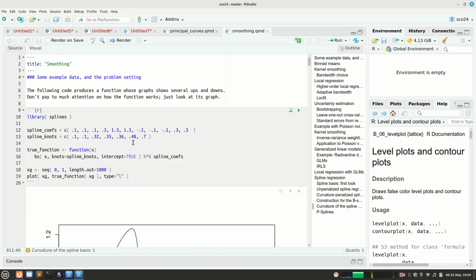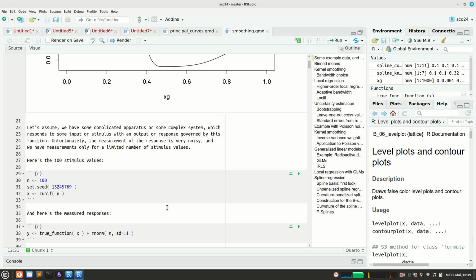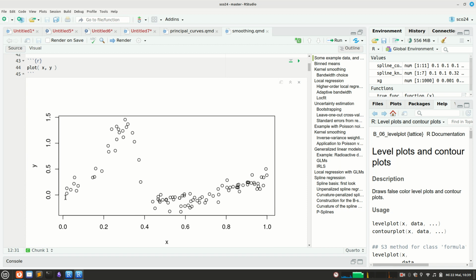In order to do this, what I've done here is I first made, let's turn it this way around, a point cloud, and my aim is to make a smooth curve through this point cloud.